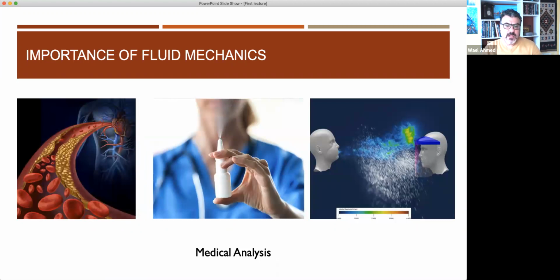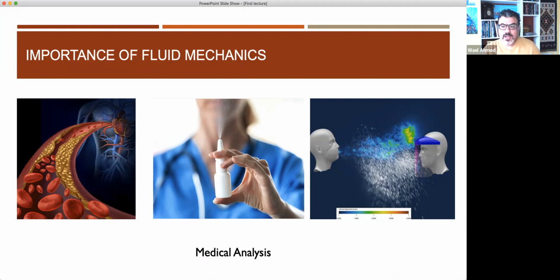Lots of biomedical students are interested in the flow of blood inside our vessels, or designing, for example, a spray for medical equipment for spraying inside the nose. Those sprays, the particle size, and how the fluid will be vaporized are very important to understand from conceptual fluid mechanics in order to design this system.